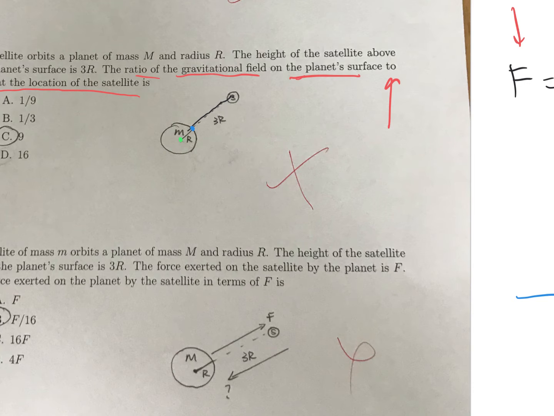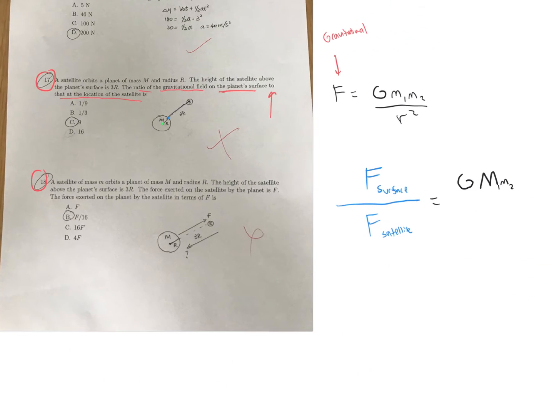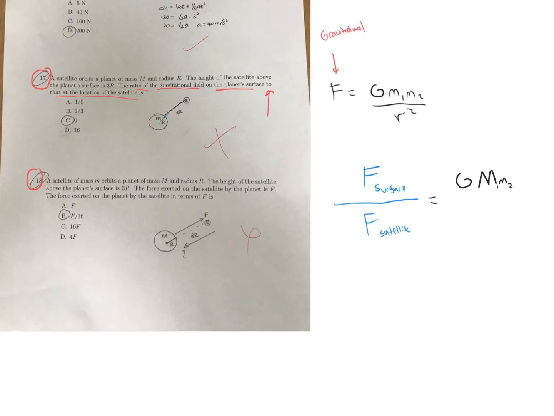That's important insight for this problem: when it comes to the gravitational force at the surface of this planet, the so-called distance between the objects would be the distance between the surface and the center. If you don't catch that insight, then this one's going to be super confusing.